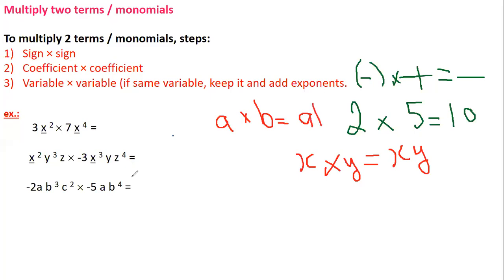Bravo. For example, if you have x times y squared, what will be the answer? XY squared. Bravo. Miss, if the variable... Up to here, does anyone have a question?